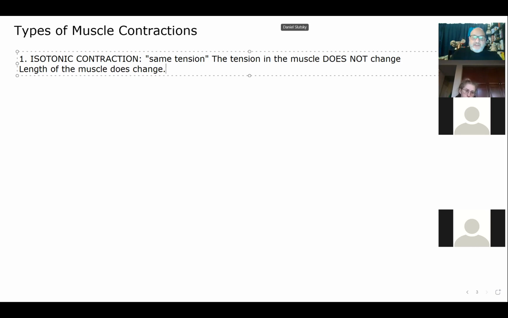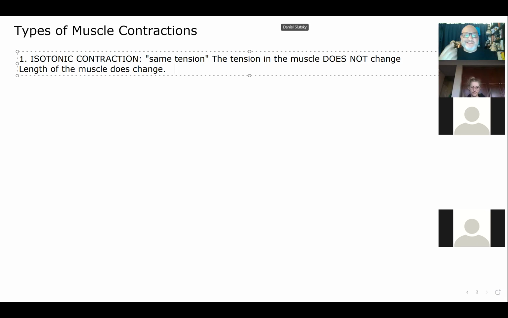Now, the reason for this, and again, the units of tension don't matter, so let's call them Slutskys. If this pen requires 1 Slutsky of force to move it through space, can I move it through space by just producing 1 Slutsky of force with my muscle?